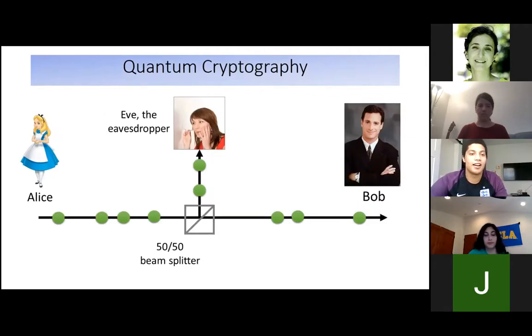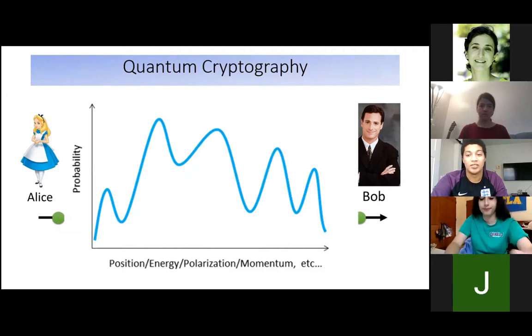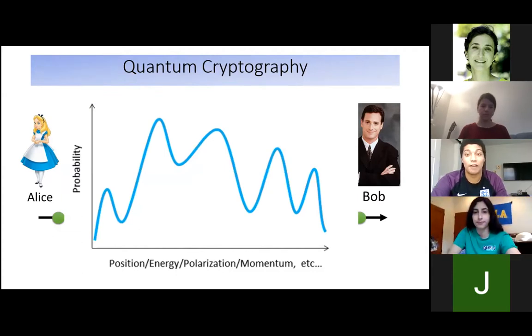Let's say Alice is sending single photons, something that has quantum information, all the way over to Bob, and Eve puts a beam splitter there. Any sort of deciphering that Eve does is making a measurement. You can start with some wave function that maybe looks like this, but when she tries to intercept the information, she's making a measurement.